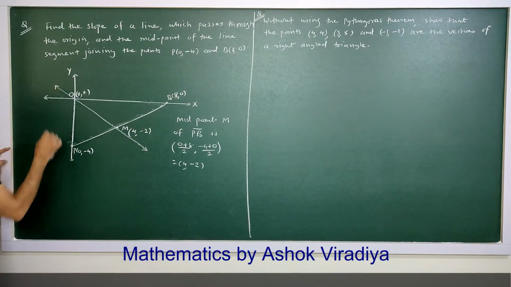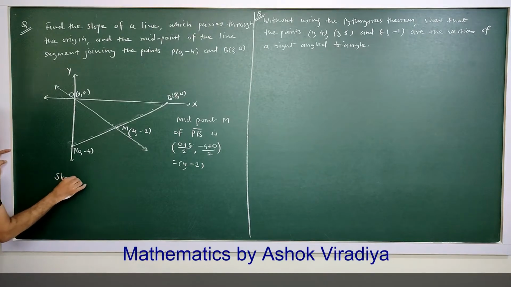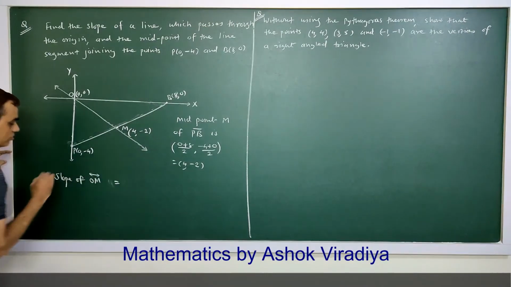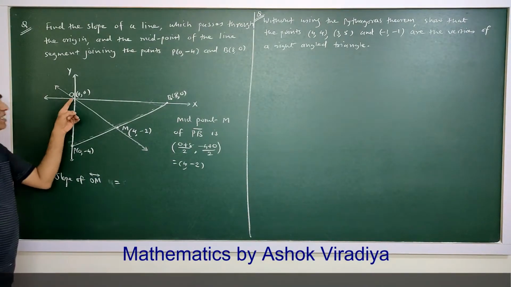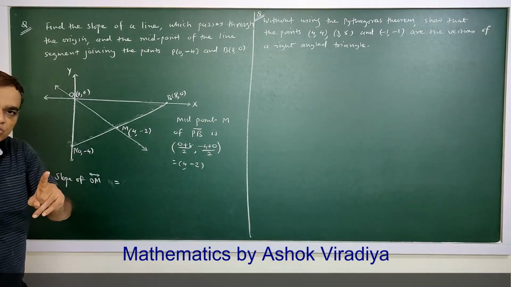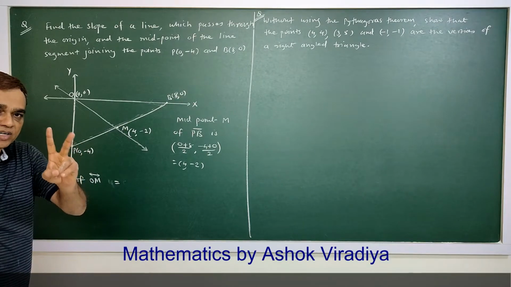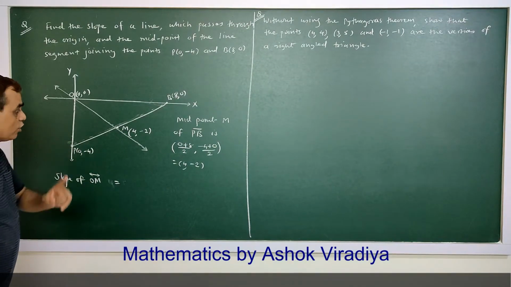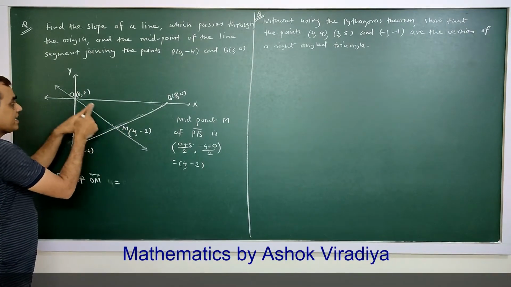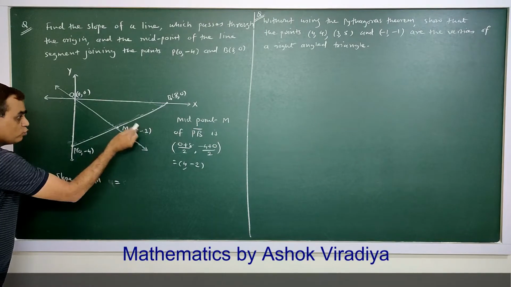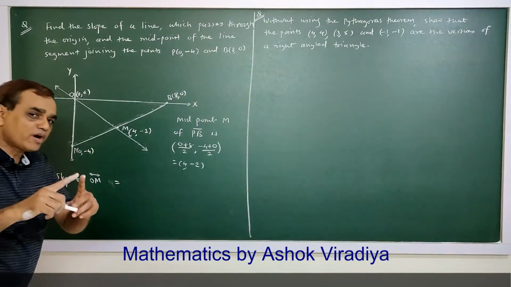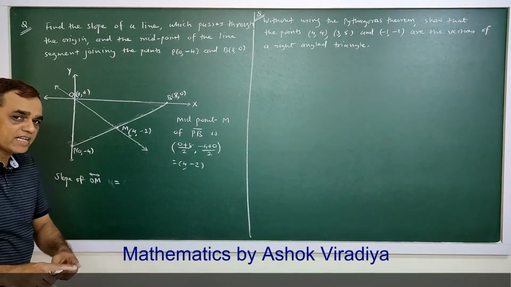If we know at least two points on any line, its slope is y2 minus y1 upon x2 minus x1. You can consider any point as x1, y1 and any point as x2, y2.